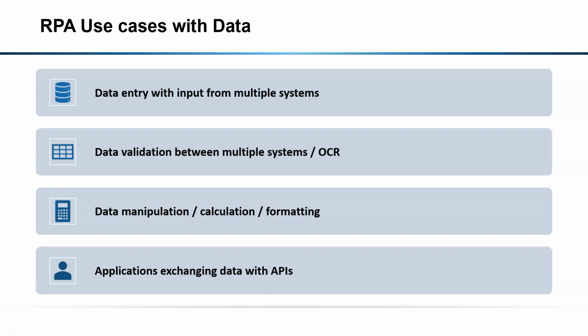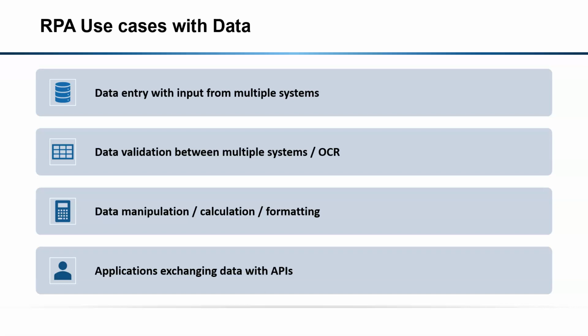RPA use cases with data, and data is there everywhere. So maybe you need data entry, input from multiple systems, or data validations between multiple systems. OCR, right? Optical character recognition. You get a paper copy and you scan it, but at present there is a person validating what is the paper information and what's the system information.